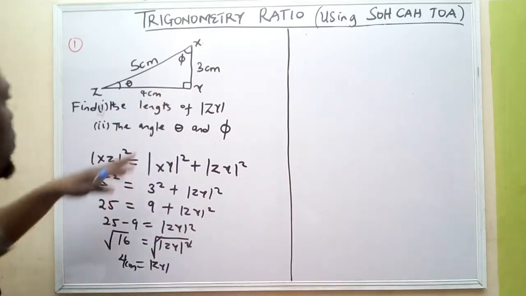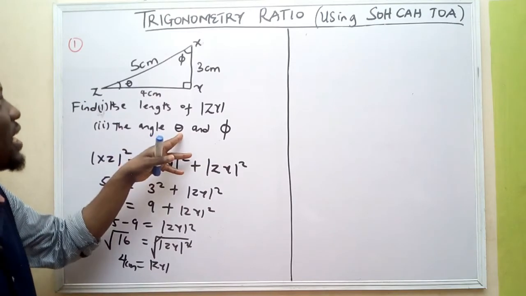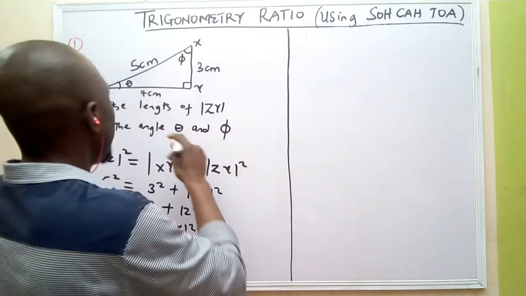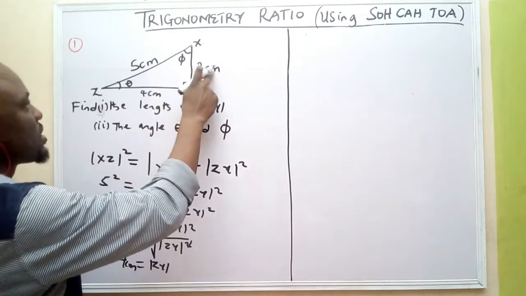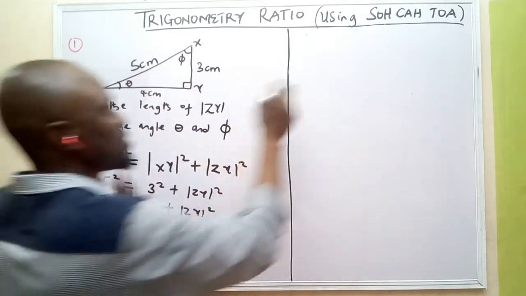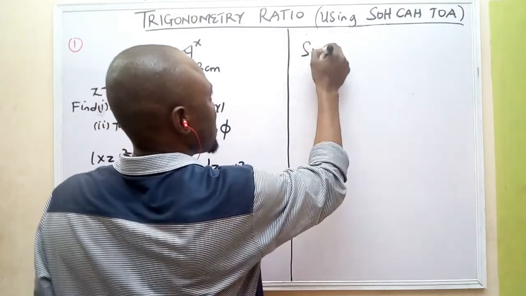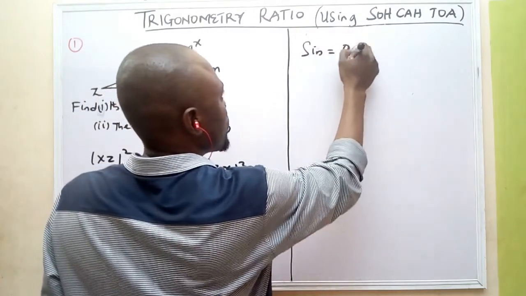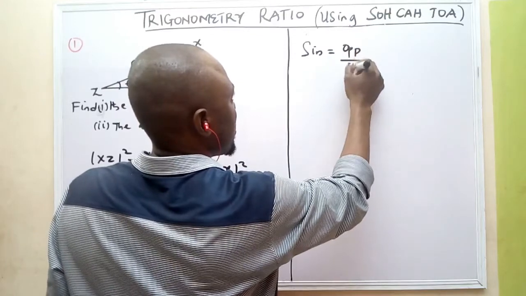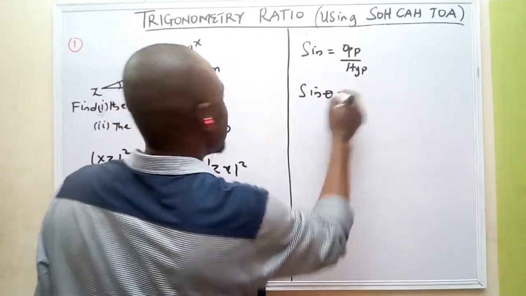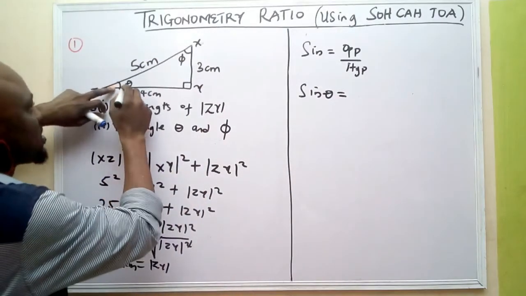So let's look for the angle theta, the angle psi and the angle phi. For theta, I can do opposite over hypotenuse using SOH CAH TOA. So this is sine. Sine means opposite over hypotenuse. Now if I'm doing sine theta, I'll go back to the angle. This is theta.